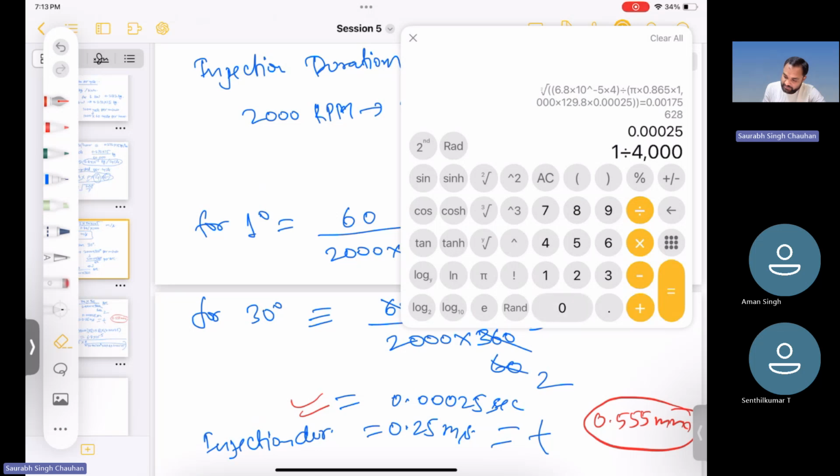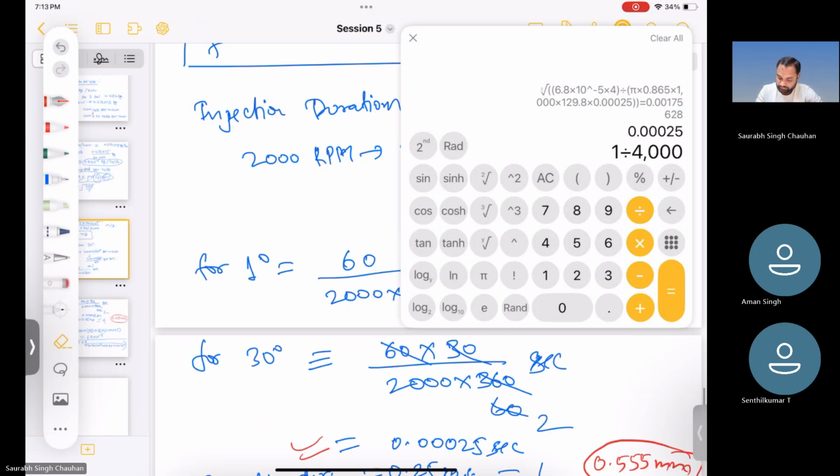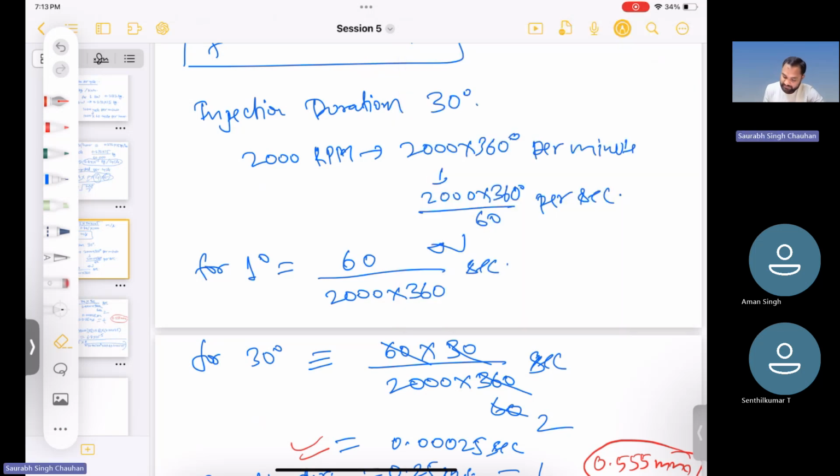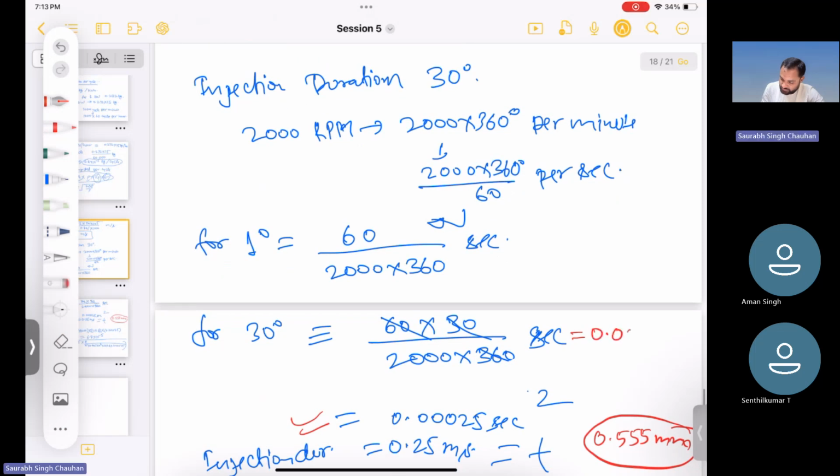One divided by 4,000. It is not correct. See, this zero will not be there, right? 60 will cancel out this thing and it will become... So this will come out to be 0.0025, right?